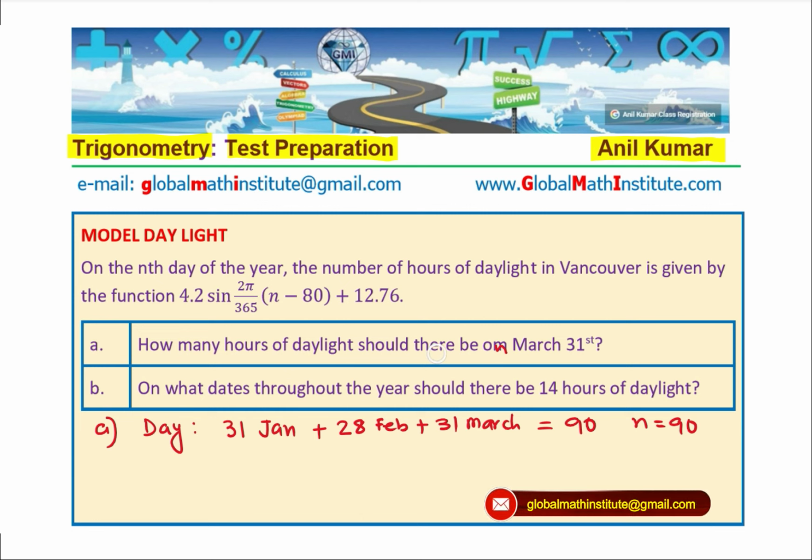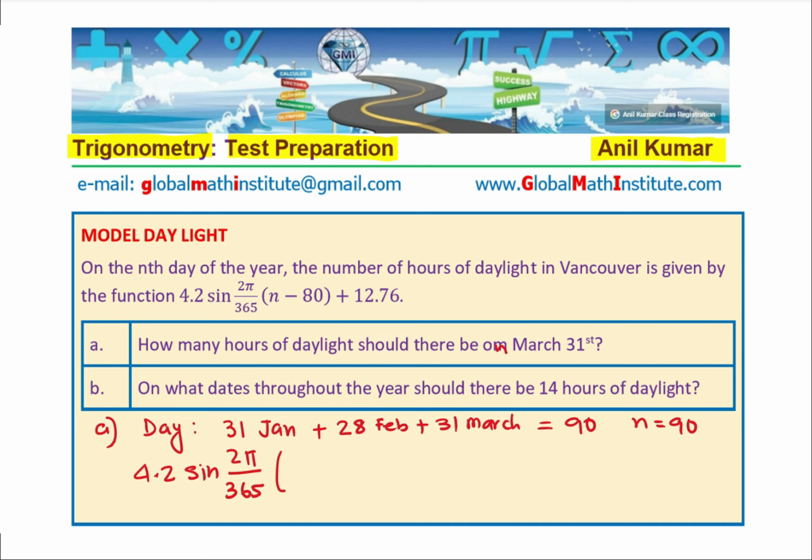So how many hours of daylight? Just plug in 90 for n. We can find the hours of daylight as 4.2 sine of 2 pi by 365 times 90 minus 80, plus 12.76.